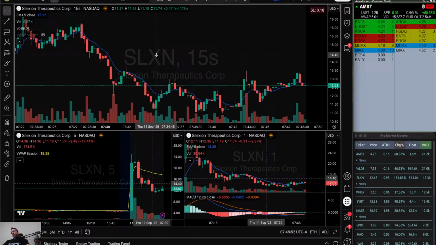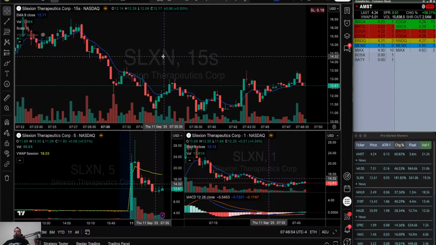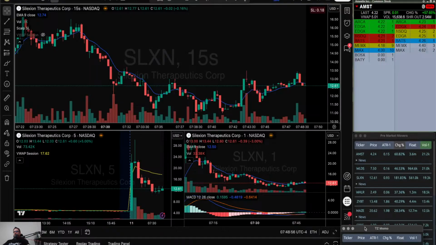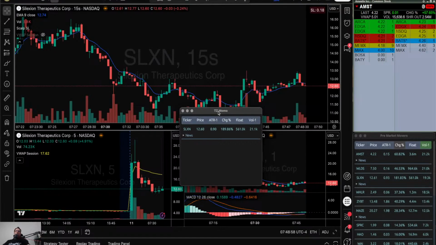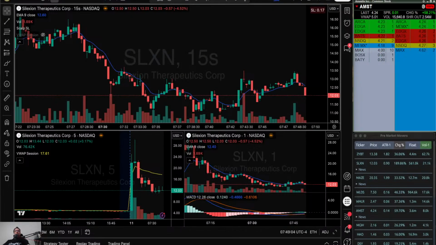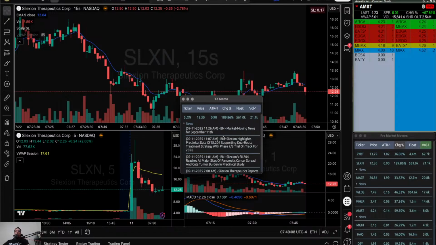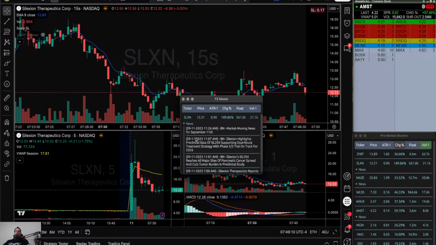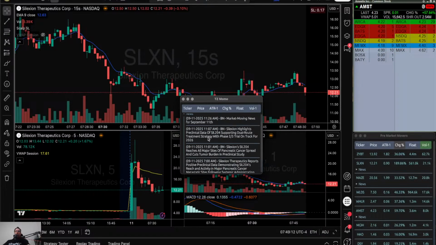SLXN, as you can see, pull this over here. It showed up on the Momo scan. Okay, it's not a very good trade. There's some more logic that I need to do. For one, I wouldn't be trading it because, yes, it does have a catalyst, market moving news for September, from the Benzinga News Desk.